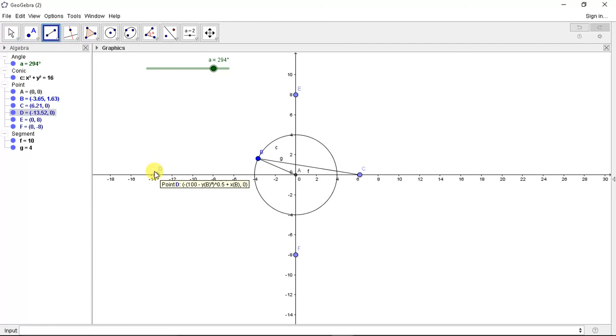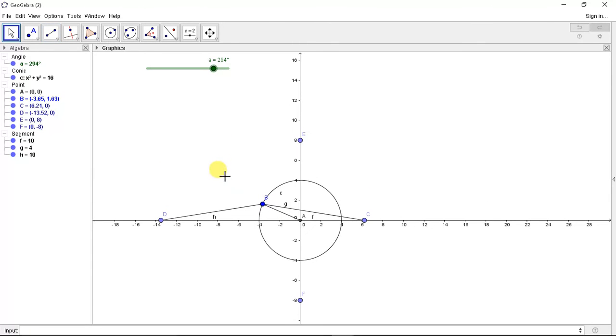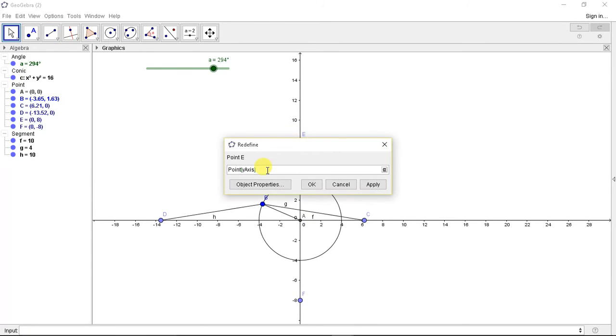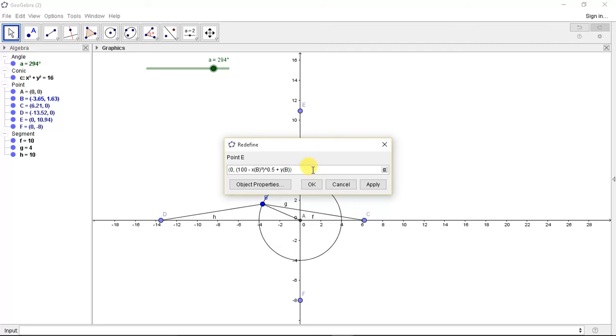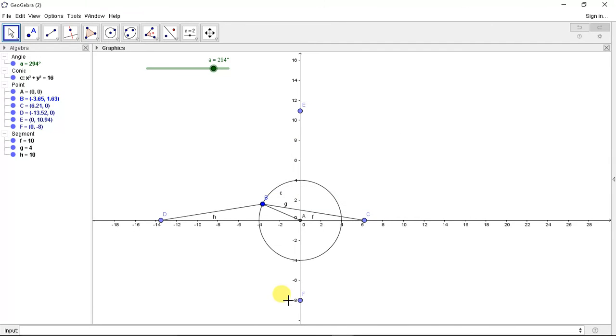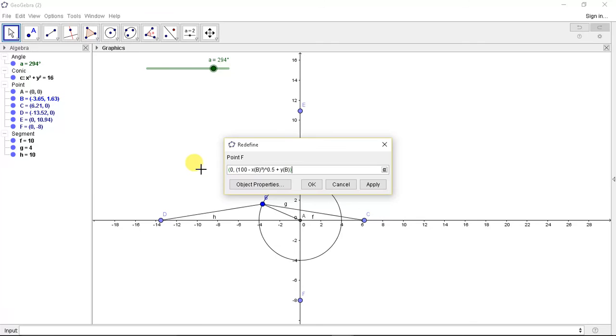If we connect this point, it will change the coordinate from 0 to 100 minus x of b and y of b, and similarly here there will be a minus sign, just a change by a minus sign.